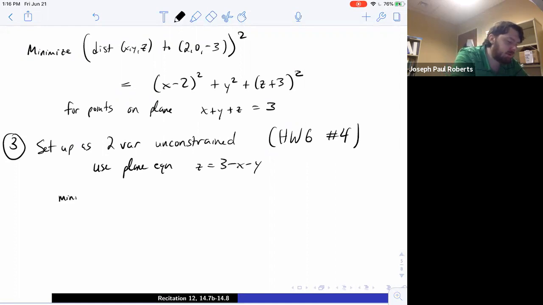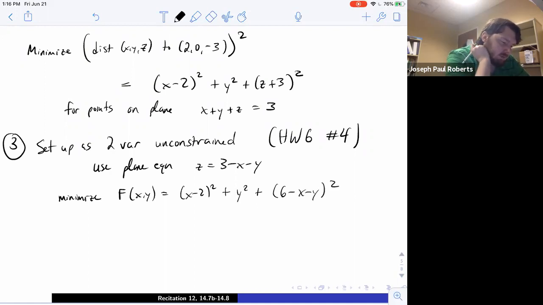So we want to minimize capital F of (x, y), we'll call it, just in terms of x and y. So (x - 2) squared plus y squared plus (z + 3), which is (6 - x - y), squared. The reason that this is unconstrained is that as far as x and y are concerned, you could pick any x and y value.